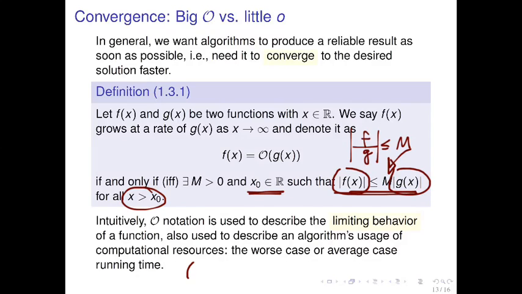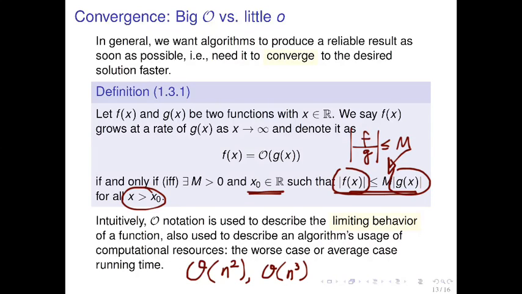For example, if I'm computing something with a big O n squared rate, where n typically represents the size of the list or array used to represent the function, then we know how fast this is going to grow, because it's quadratic. Compared to big O n cubed, which is a cubic rate, big O n squared is going to converge to the solution faster.